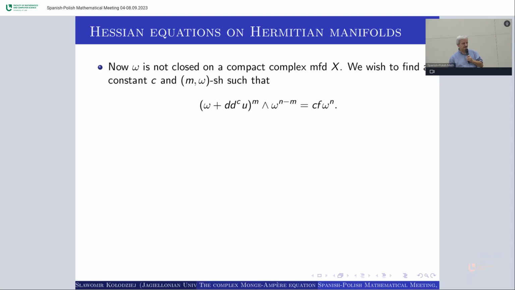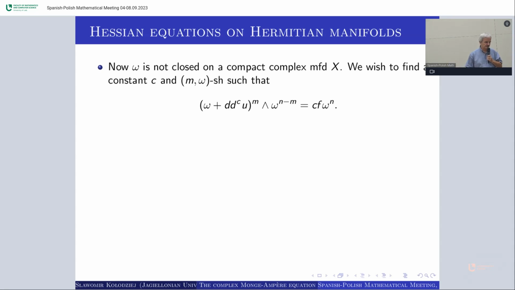And then there is a change because we cannot find a normalization for f which gives the existence of solutions. We have to look for solutions u and constants c so that this equation holds. We do not know a priori the constant c. This is because our form is not closed.